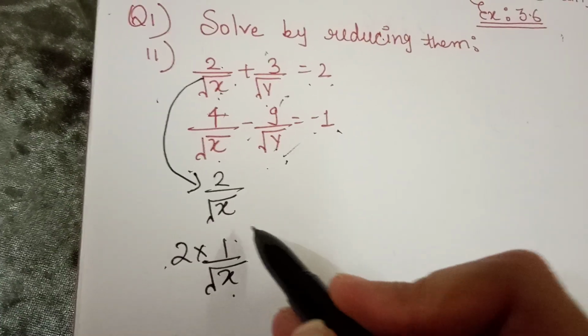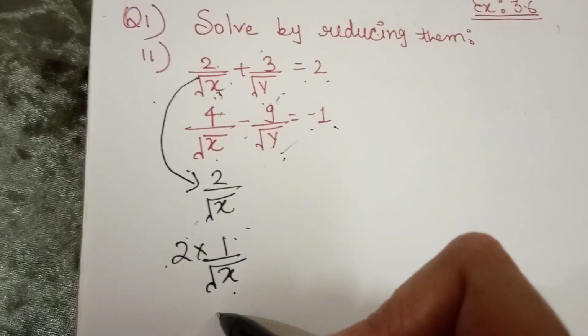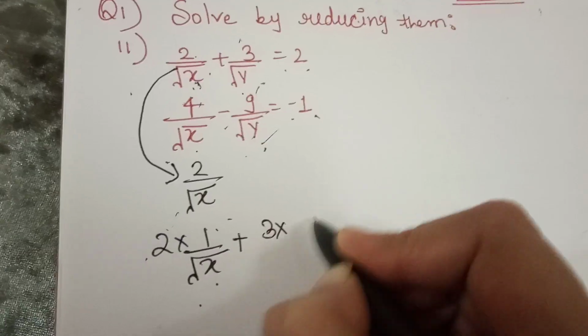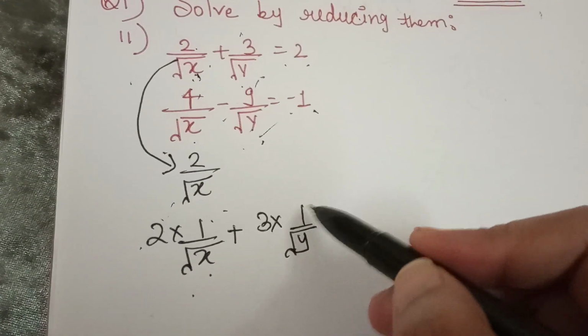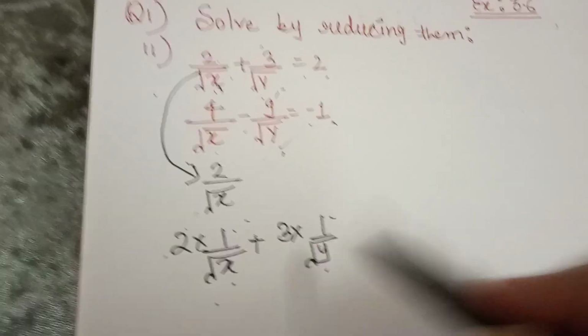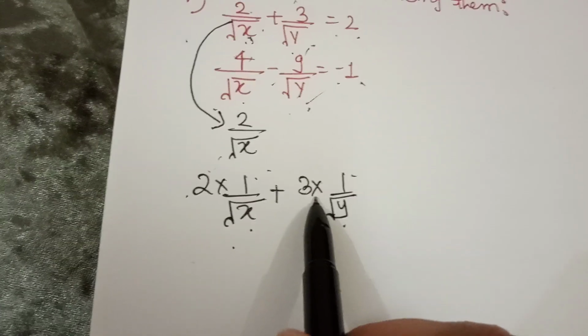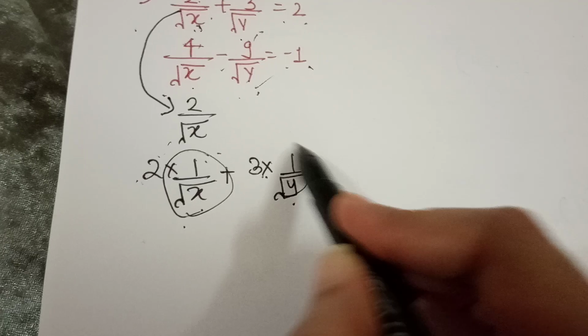So in this equation the first variable is 1 upon root x, not x. And the second variable is 3 into 1 upon root y. It means the second variable is 1 upon root y, not the simple y. So these constants are the coefficients. We will not change these, only the variables.